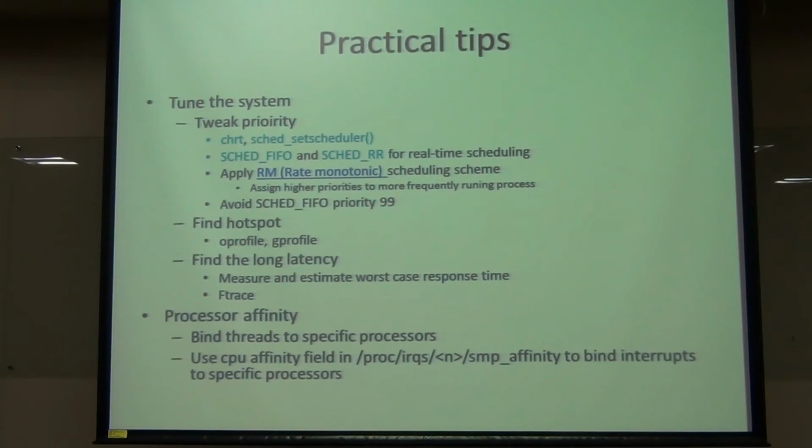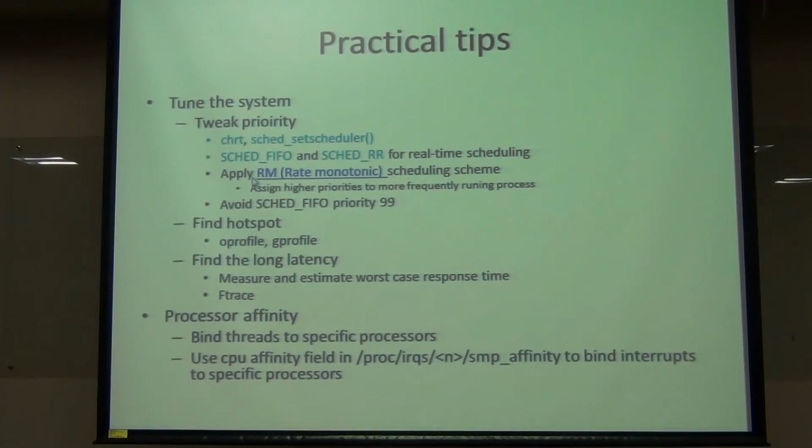All right, so I talked a lot about the real-time Linux patch sets, but it all boils down to how you define the priority of your application in order to control your response time. So the simplest thing can be rate monotonic.